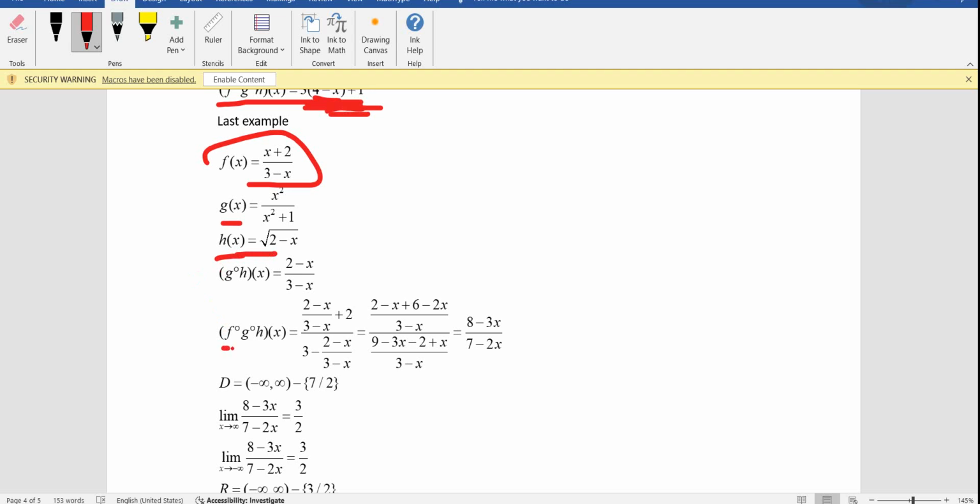If I need to find f composited with g, then composited with h, I really need to find this first. We need to take this h and substitute here. Everybody knows, square goes with square root, and it will become 2 minus x, and the denominator 2 minus x plus 1 is going to be 3 minus x. Then we take this and substitute it here.